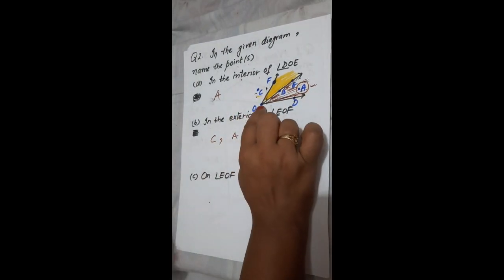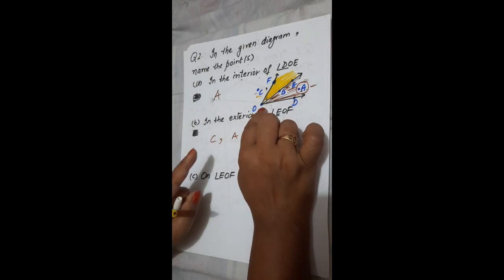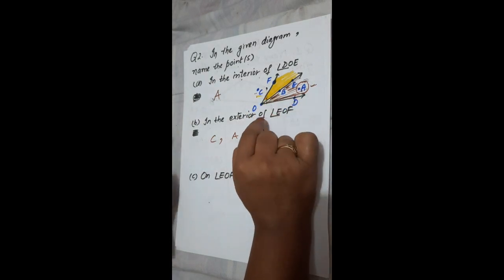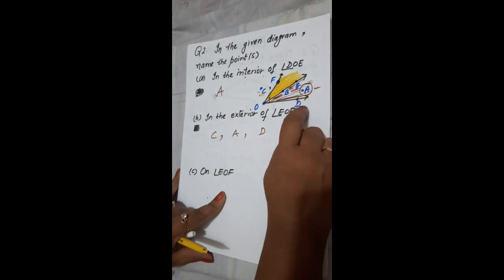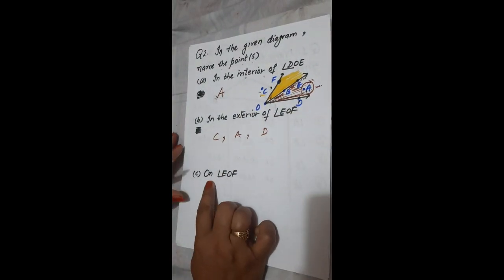We can't write O because it lies on EOF, but what lies in the exterior of EOF is C, A, D. Now next we have on.